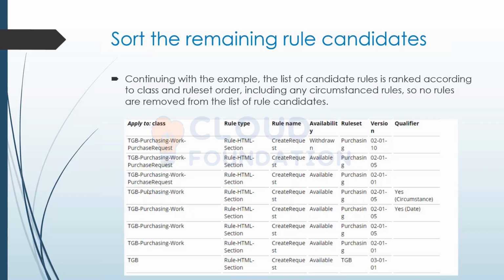And then next it checks in the parent class. For each class, according to the version and any circumstance qualifiers that we have, those will be listed out like this. But the top priority is always given to your current class and the topmost circumstances. Once it is sorted, what next?